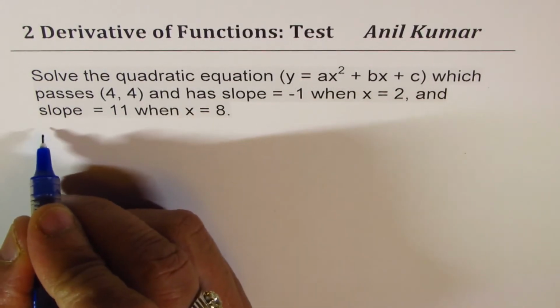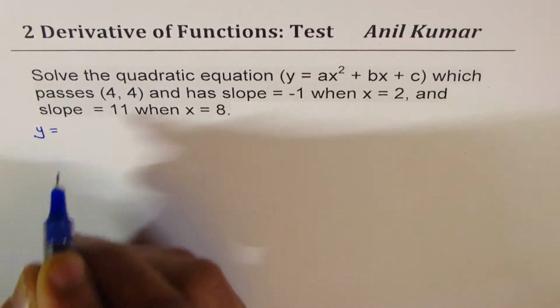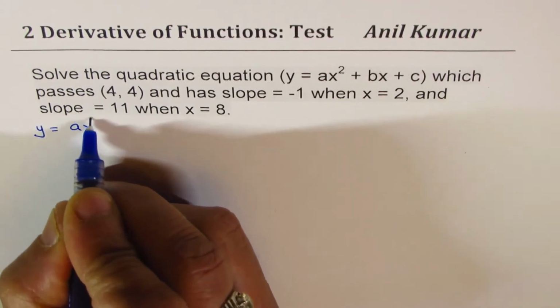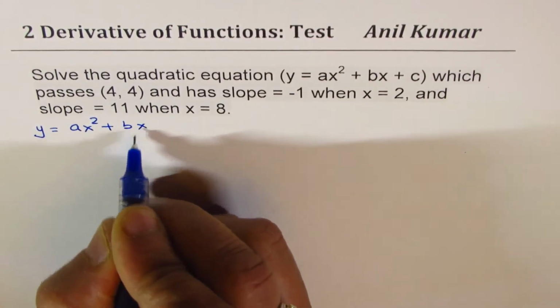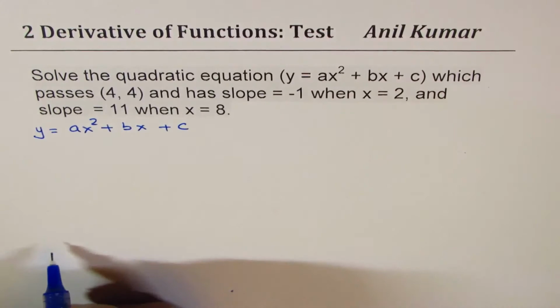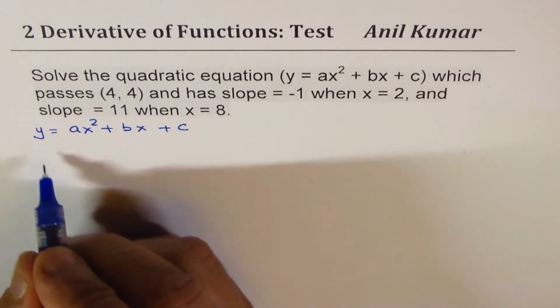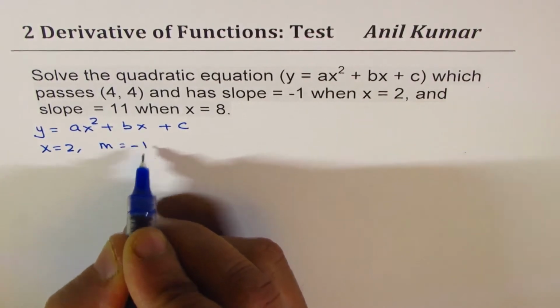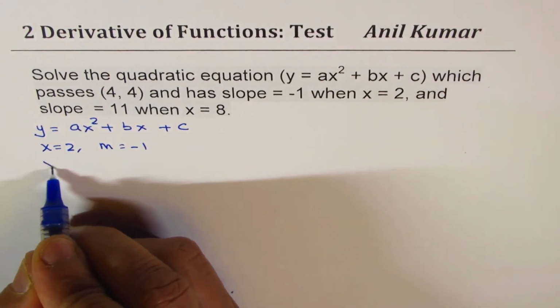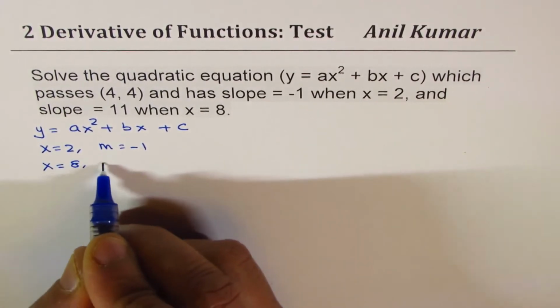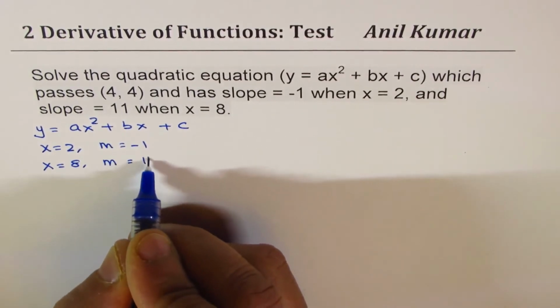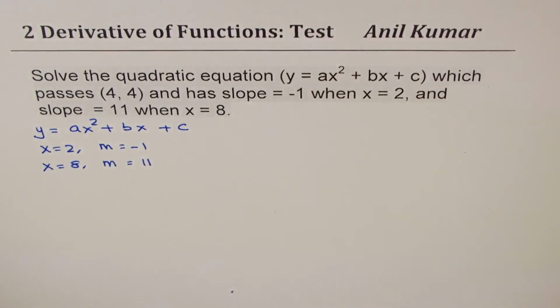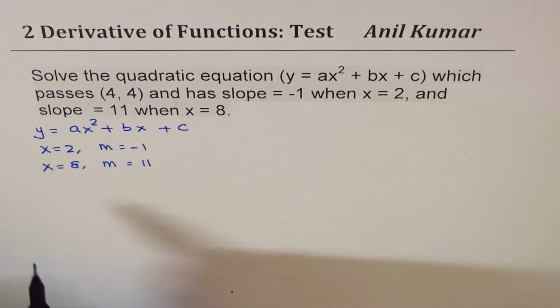Now we are given the parabola in general form y equals to ax squared plus bx plus c. We are also given that at x equals to 2, slope is minus 1, and at x equals to 8, slope is 11. Correct?